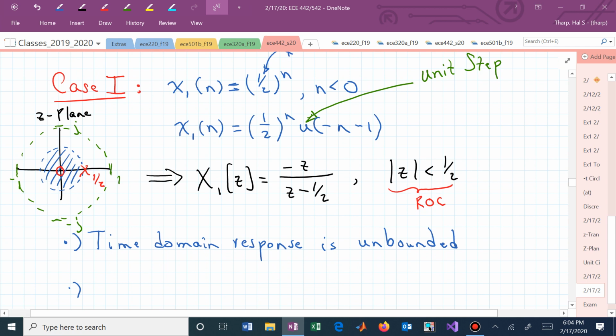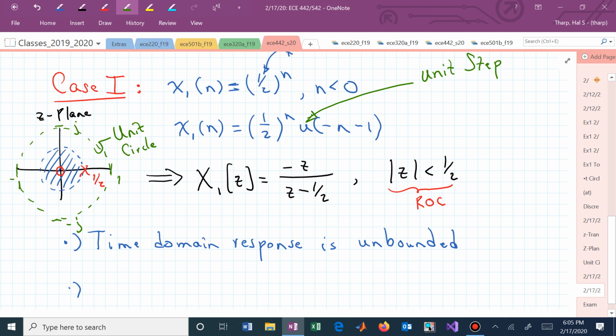Can we make a statement about the region of convergence and whether or not the unit circle lies on top of it? Does the region of convergence contain the unit circle?